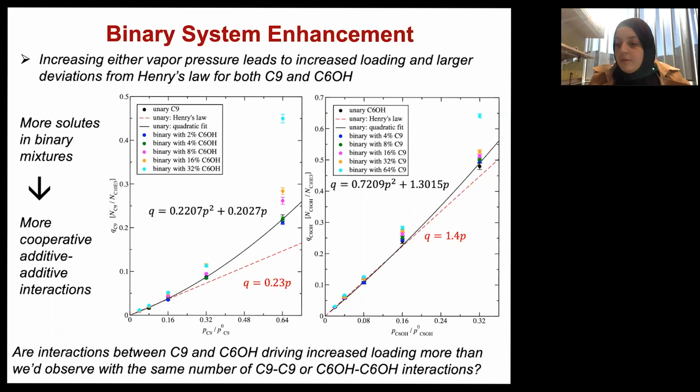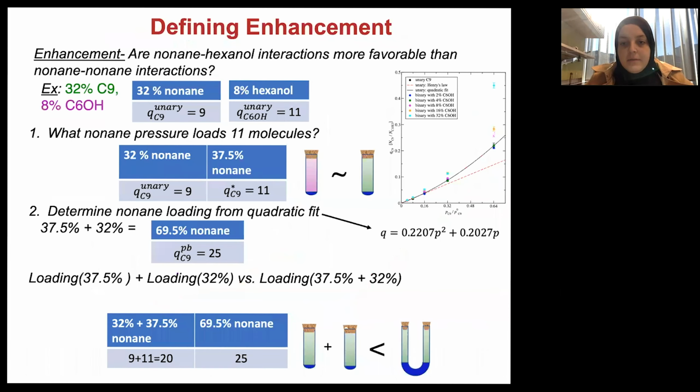And then you can observe the same thing for the hexanol plot on the right. Okay, so again, we have the unary hexanol, we have the line fitted for the unary hexanol, and then all the other data points in the presence of the different nonane partial pressure percentages. So the question is now asked, do we actually have enhancement?